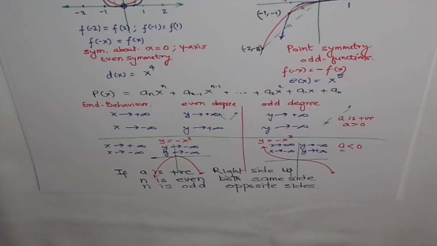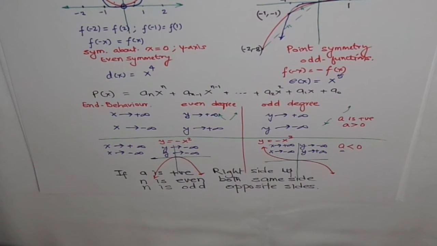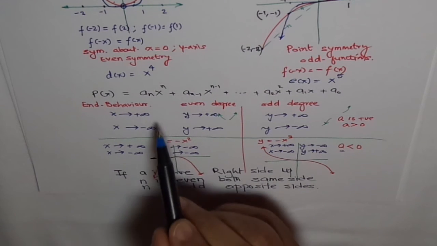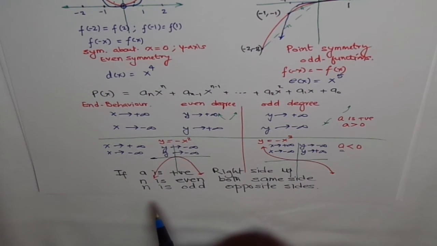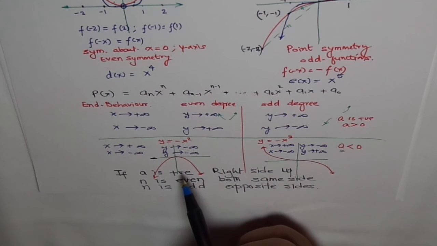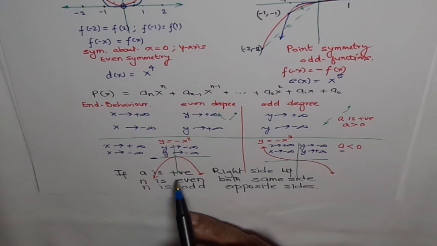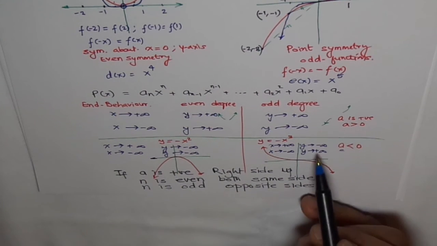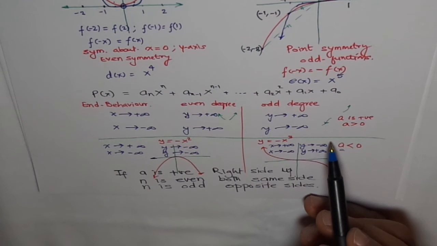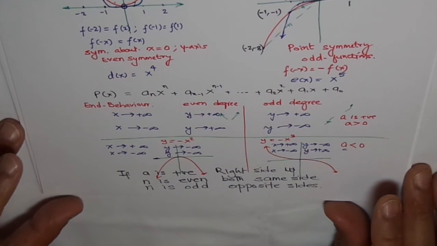So, by understanding our polynomial functions, we can conclude that if the degree of our power function is even, then the end behavior both face same side. It could be down or it could be up, right? If a is positive, then right side is always up. Correct? So this is what we got out of it.